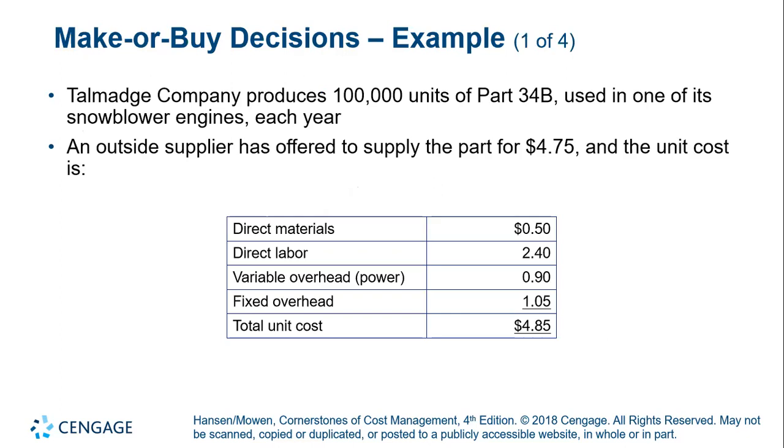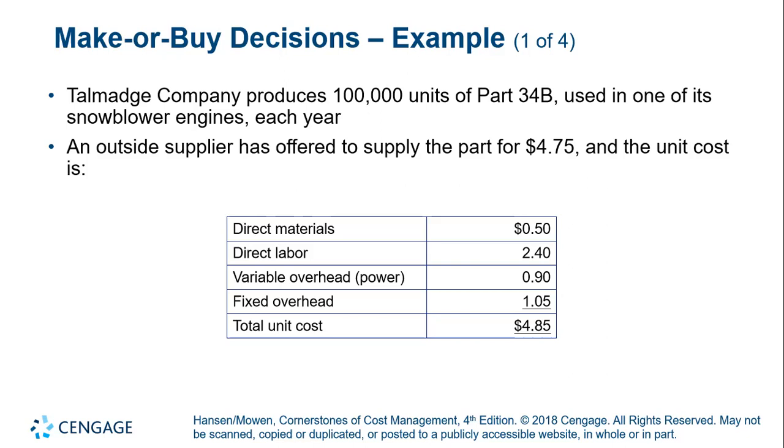The company produces 100,000 units of Part 34B used in one of its snowblower engines each year. An outside supplier has offered to supply the part for 4.75.